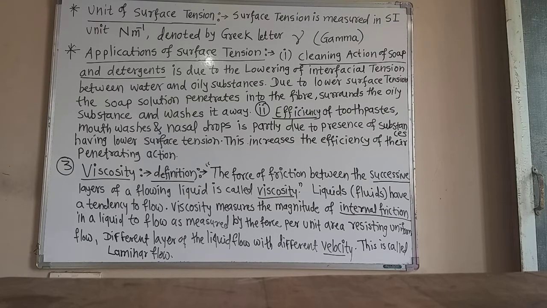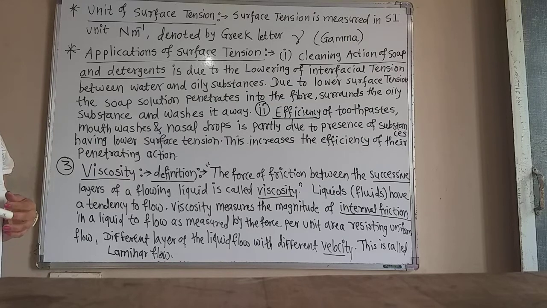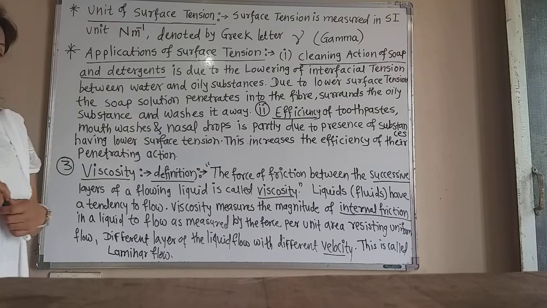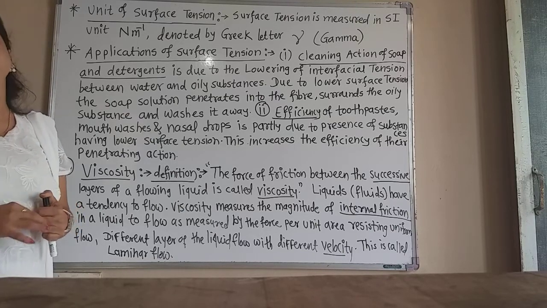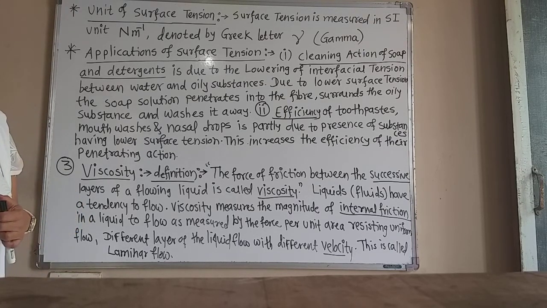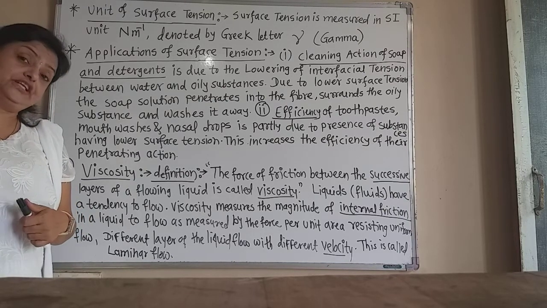Due to the lowering of the surface tension, the soap or detergent liquid penetrates into the fabrics, and due to that penetration, it surrounds the oily stain and washes it away from the fabrics.